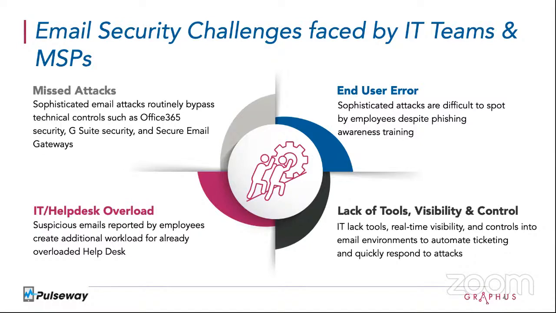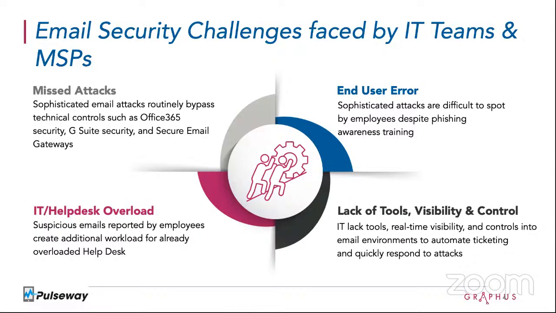So this is leading to IT or help desk overload, where emails get forwarded. 80% of those emails are spam emails, marketing emails, and some of them are more targeted spam. But 1 in 100 could be an attack, and IT is unable to get through all these emails forwarded to them because they don't have the right tools to investigate these emails efficiently and effectively.